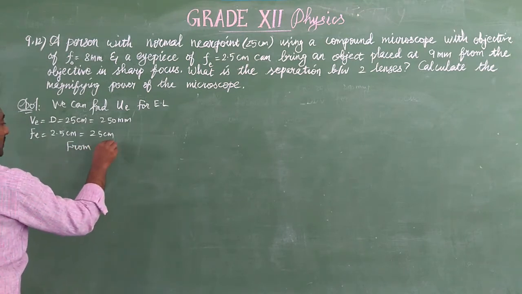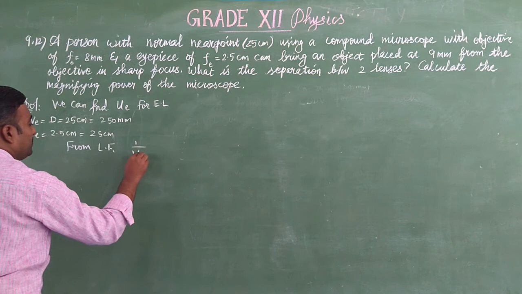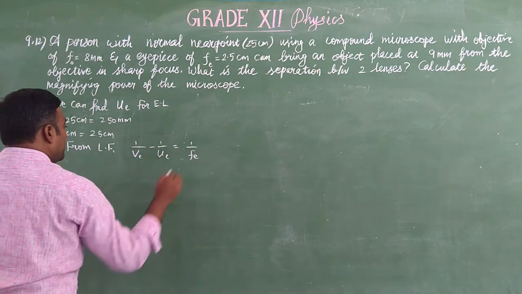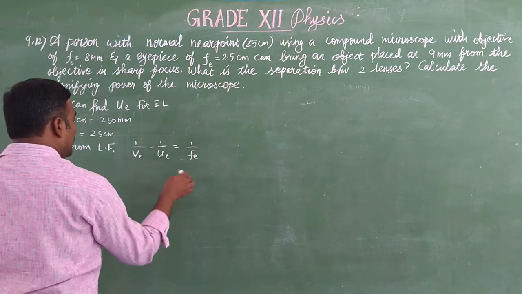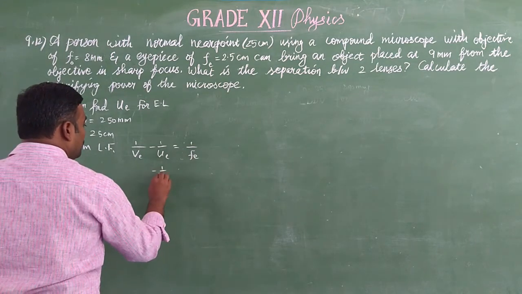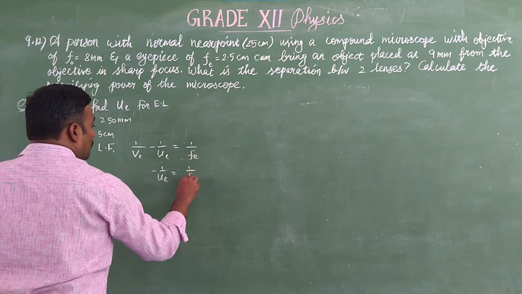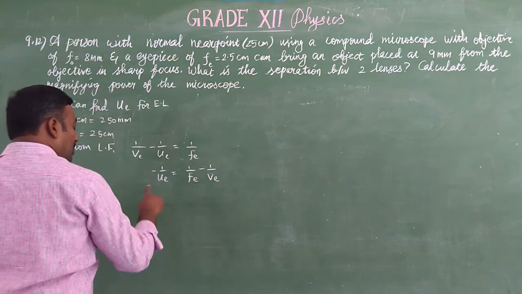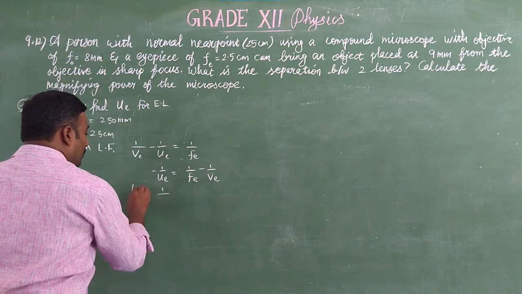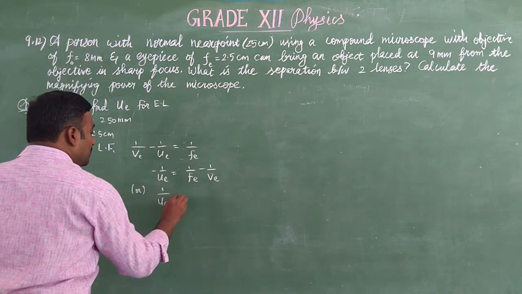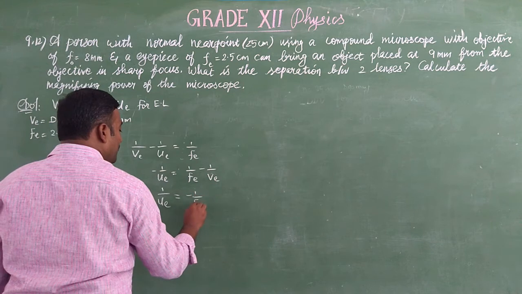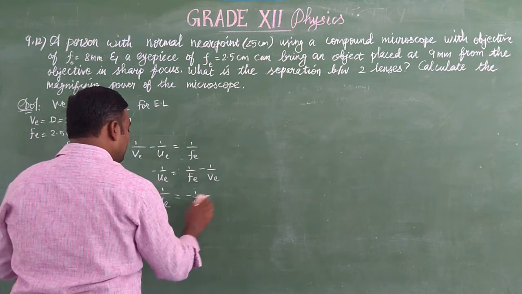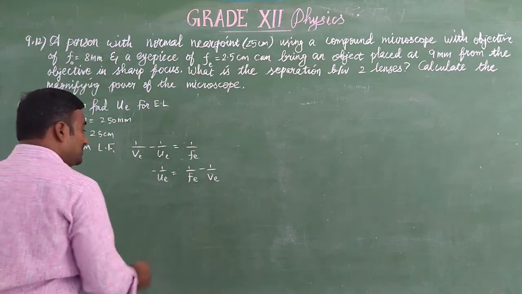So from the lens formula, 1 by VE minus 1 by UE is equal to 1 by FE. So we want this value, so we transfer. Minus 1 by UE is equal to 1 by FE minus 1 by VE, or 1 by UE is equal to minus 1 by FE minus... afterwards we'll substitute the sign. First, substitute the values directly.